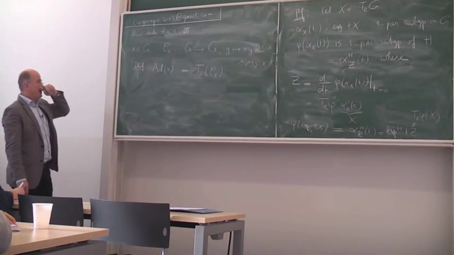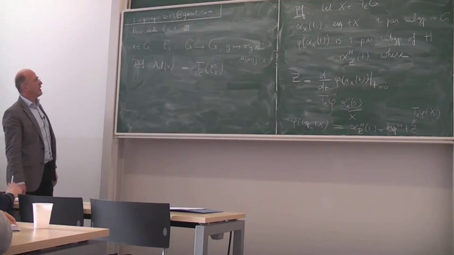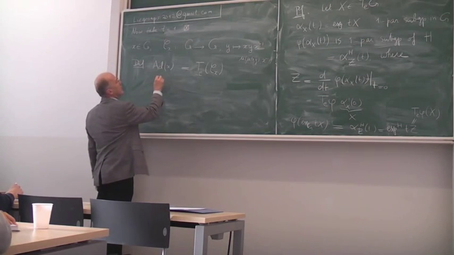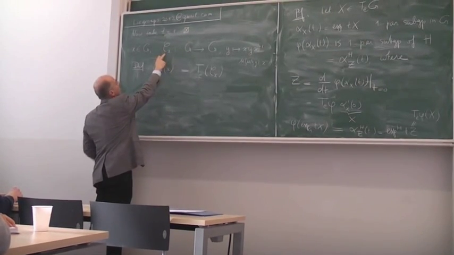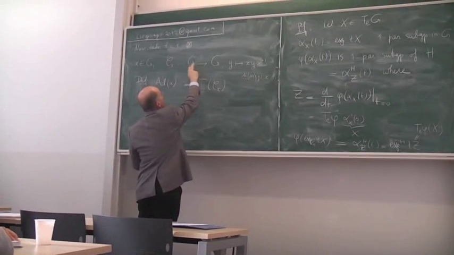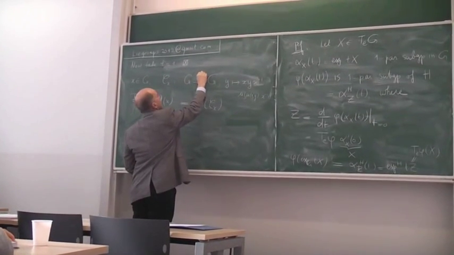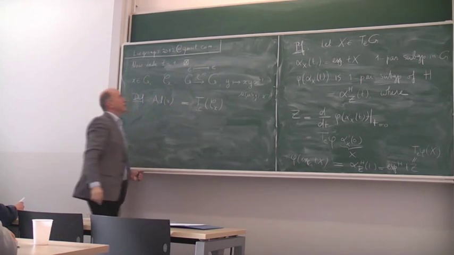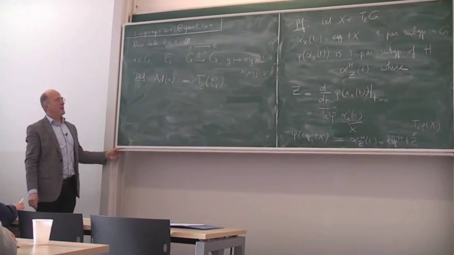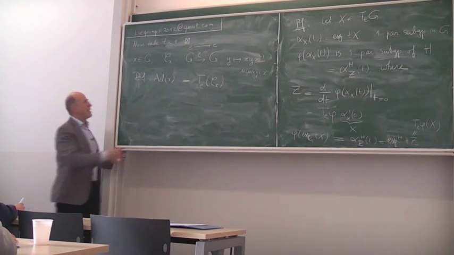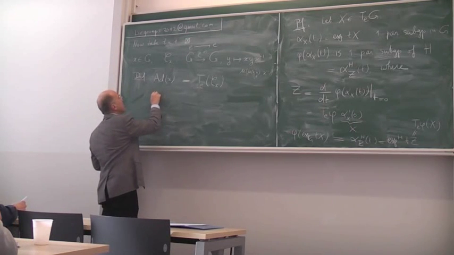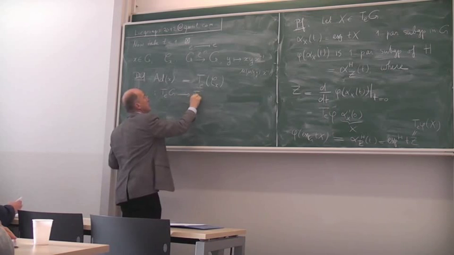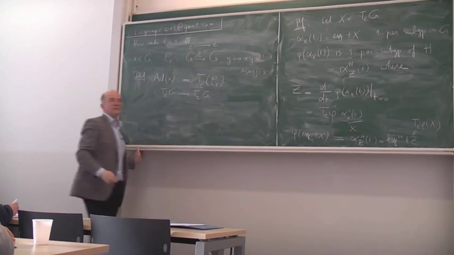What can we say about this? Well, first of all, this is a linear map. I mean, the conjugation is a smooth map from G to G. It maps the identity element to the identity element. And that means that the tangent map at the identity element is a linear map from the tangent space at the identity element to the tangent space at the identity element.